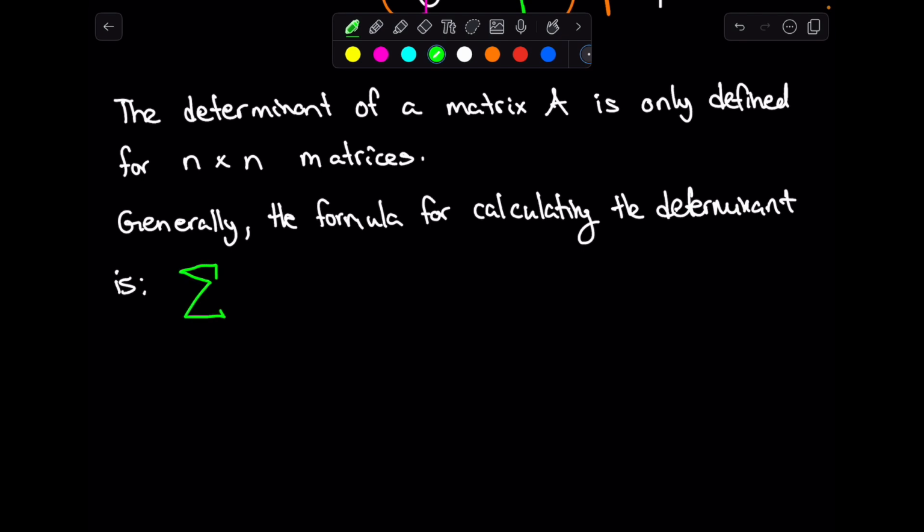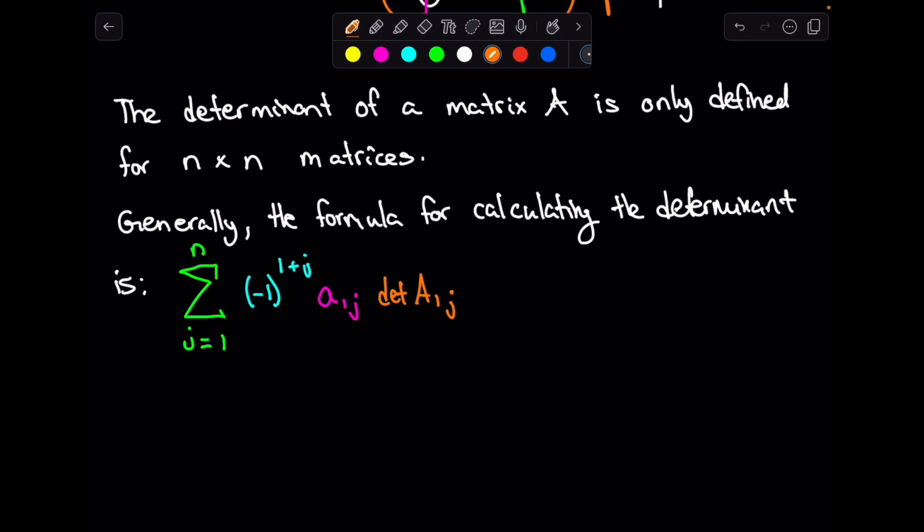So we do a finite sum from j equal to 1 all the way to n. I'm going to write down some stuff here and try to explain each part. So here's negative 1 to the 1 plus j, times a sub 1j, times the determinant of A sub 1j.